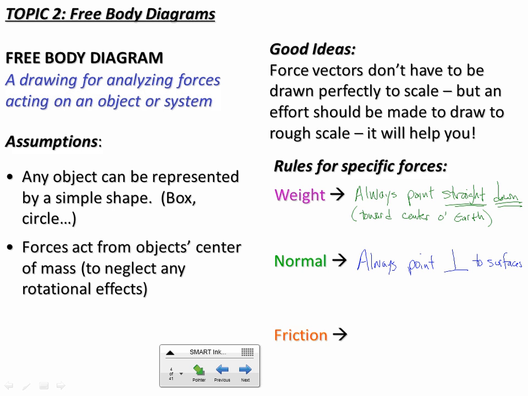And third, friction always points parallel to surfaces. Okay. Just those will do you well.